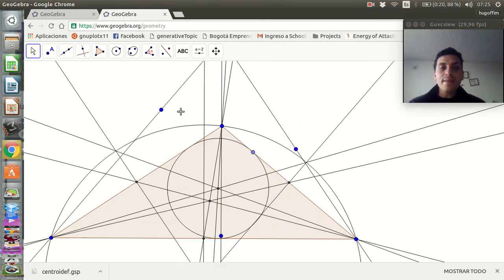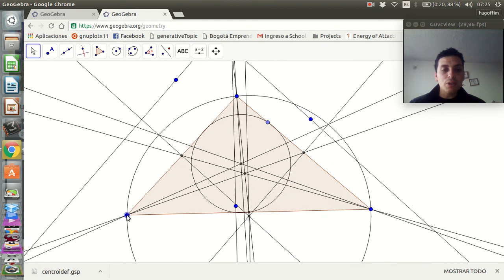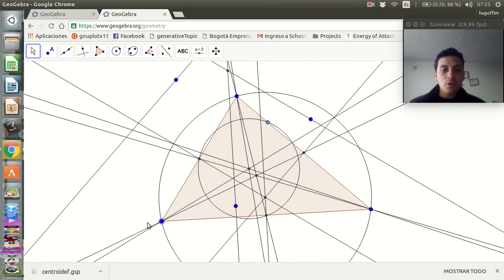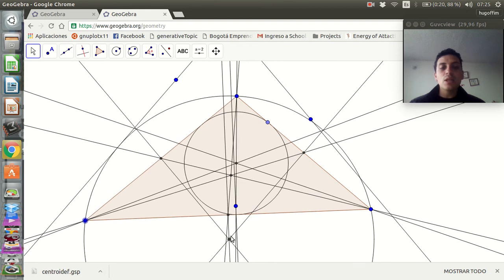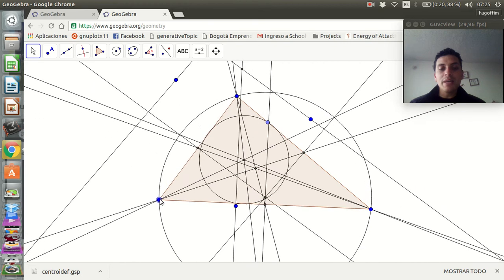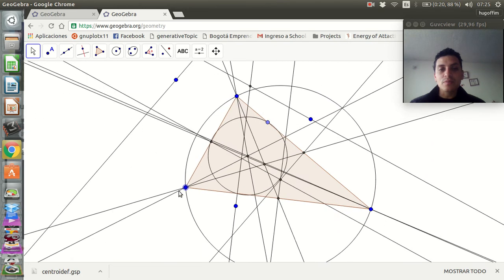So, what happens if I move the sides of the triangle? What's going to happen to all the points? Look at this. If I change one side of the triangle, all the points could change. Take a look at the circumcenter. Depending on the triangle, the circumcenter could be inside the triangle or outside the triangle.